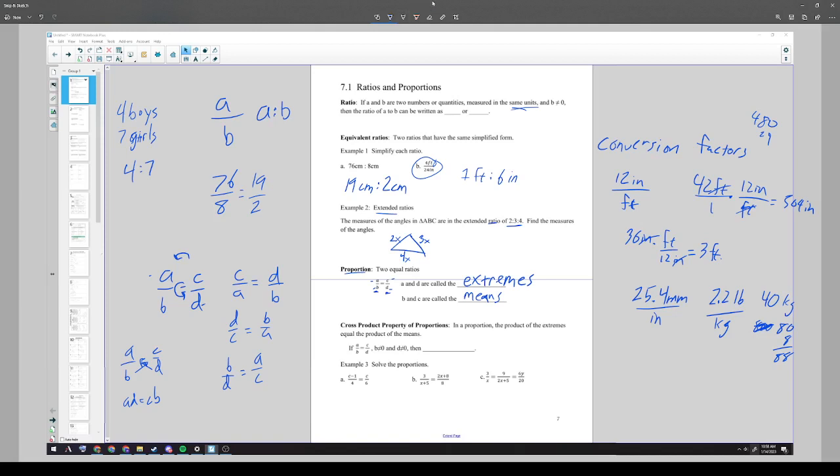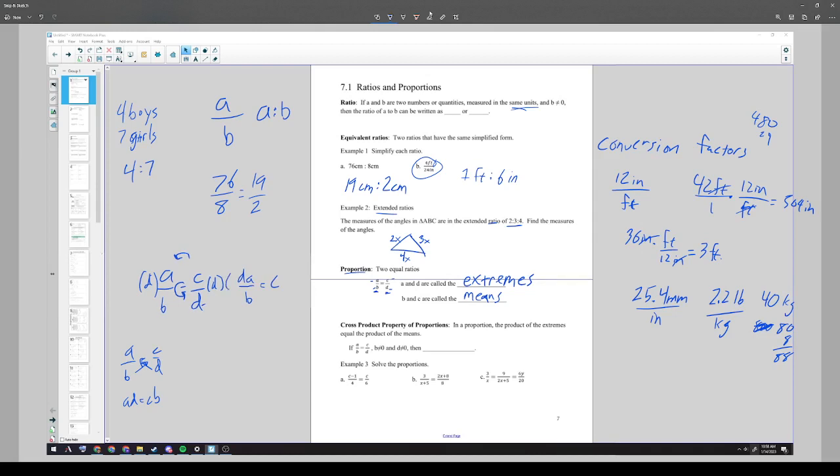So I'm going to erase a little bit here. Let's erase this stuff. So when we cross multiply, all we're actually doing is multiplying twice. So if I start with A over B equals C over D, if I multiply both sides by the denominators, so if I multiply both sides by D, then I get DA over B equals C. Then I do the same for the other denominator.